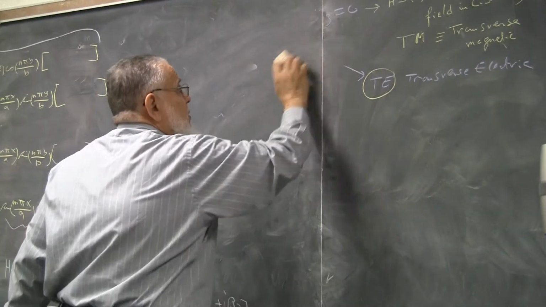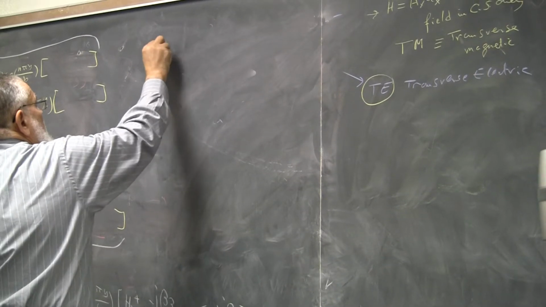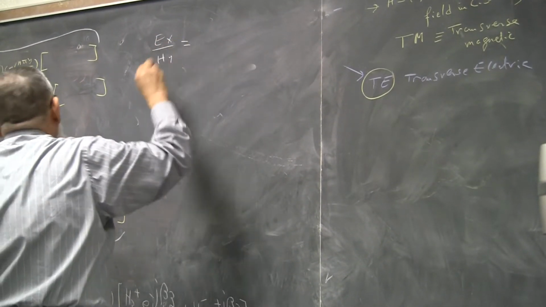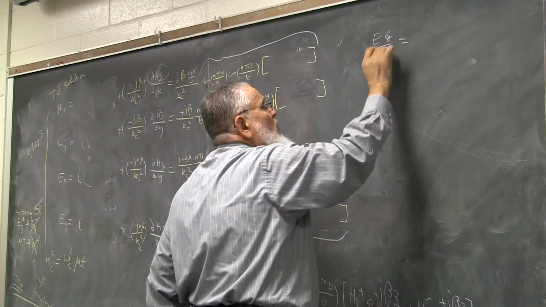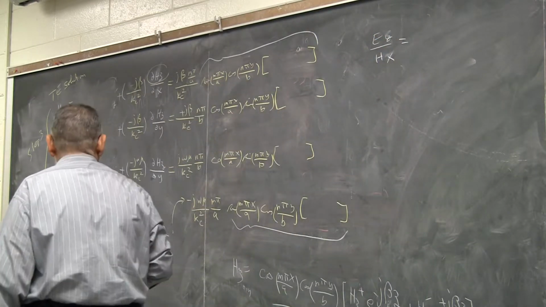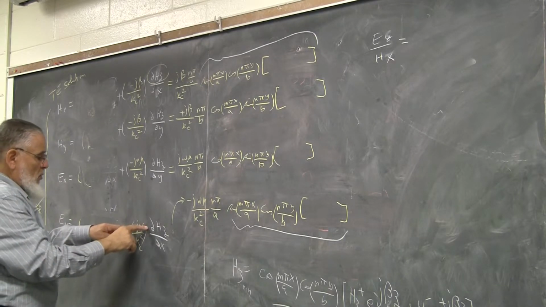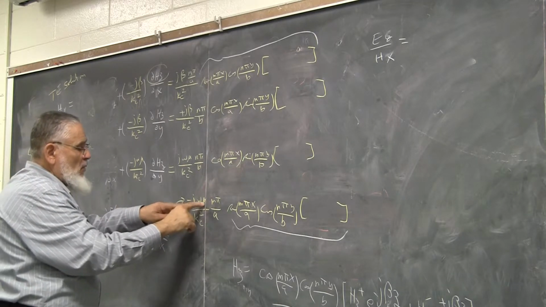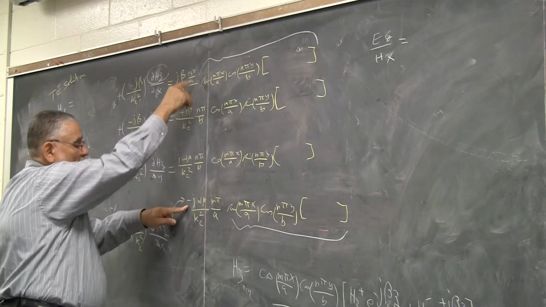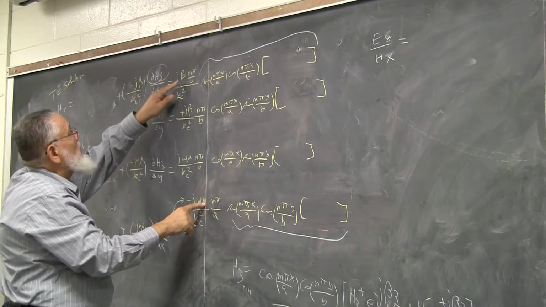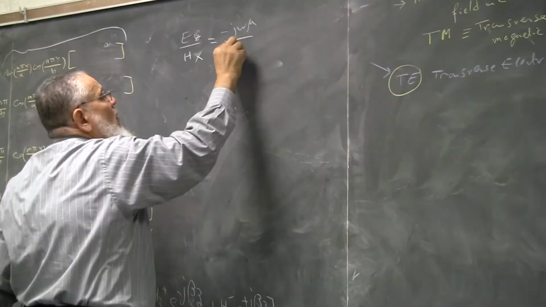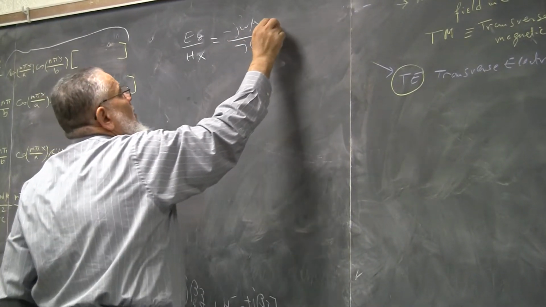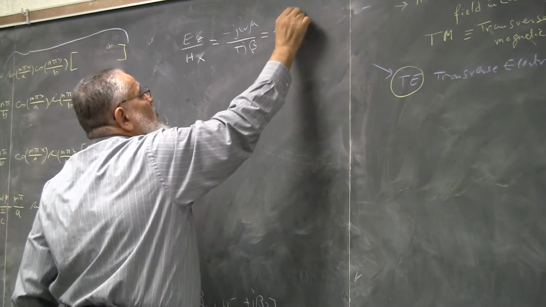If I divide them by each other, let's write down Ey over Hx. All that cancels out. Minus j omega mu, m pi over a cancels out, minus j omega mu divided by minus j beta. I get plus minus omega mu over beta.